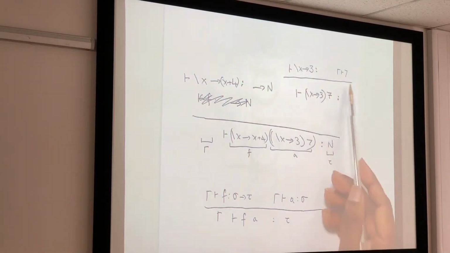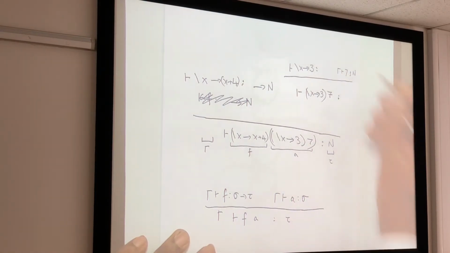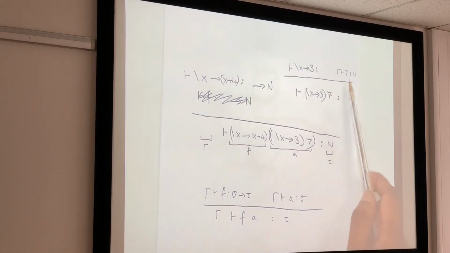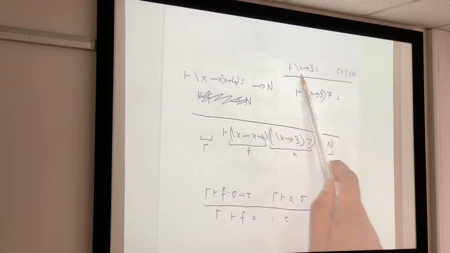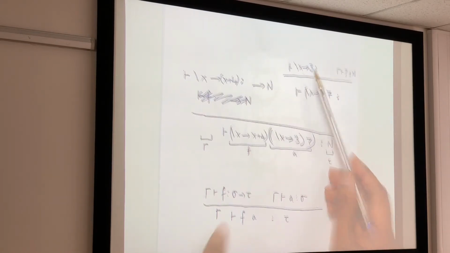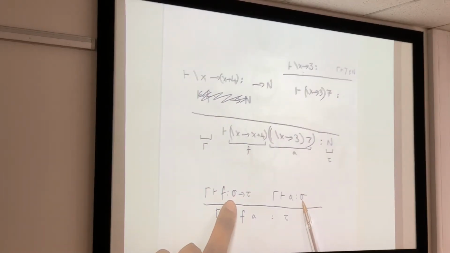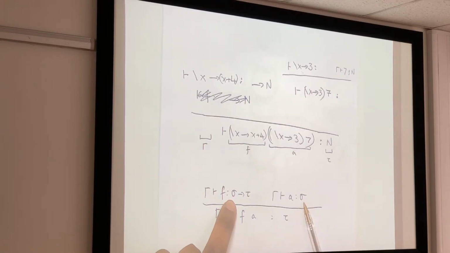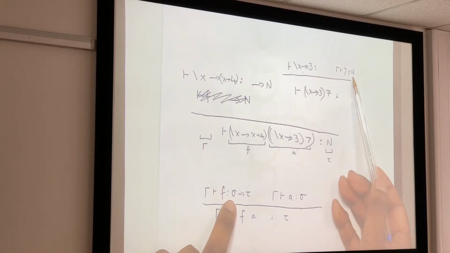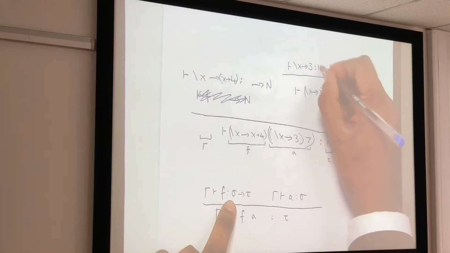But I know what the type of 7 is, that's a number. So this has to be n here. Okay, so that's the type of the input to this function. So the input of the function must be the same as the type of the input. So I've written n here, I've got to write n here.